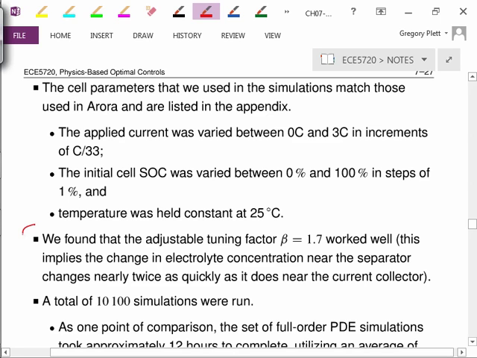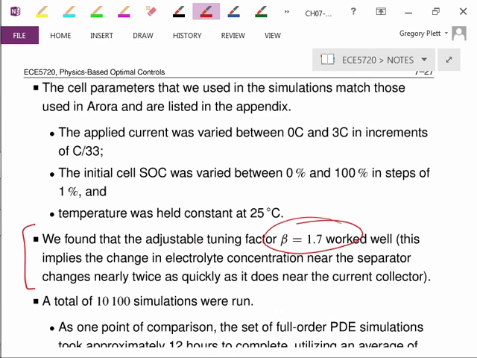The reduced order model, I mentioned I'm not going to develop it here, but one thing that makes it a little bit less satisfying than it could be is that it has a tuning factor. It has a value of beta built in. And we tune this value until we get reduced order model simulations that seem to match pretty well the PDE simulations.